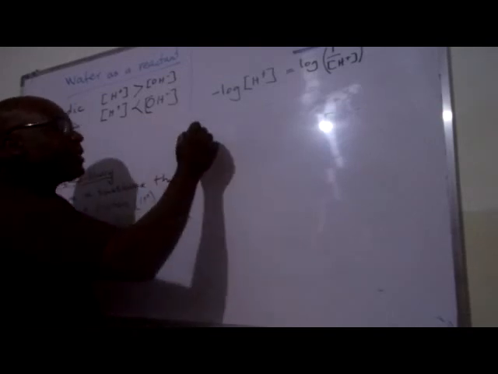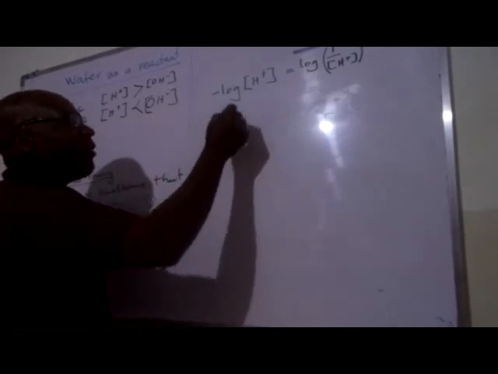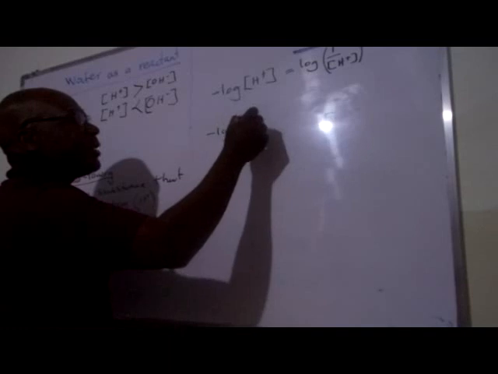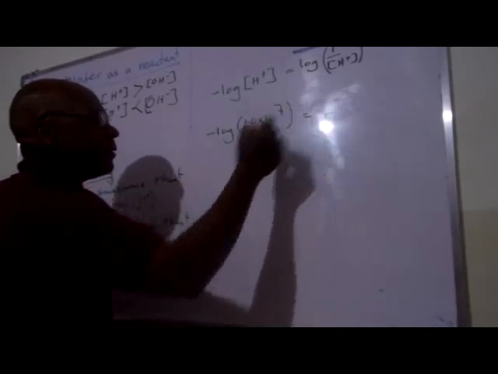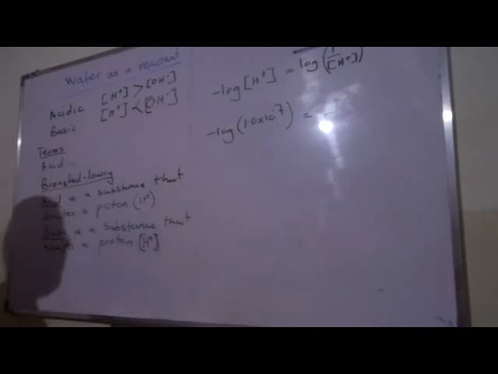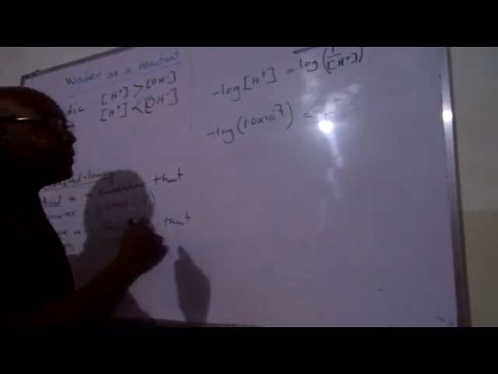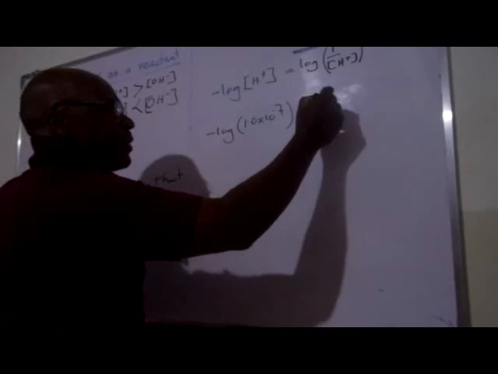So if we say minus log of 1.0 times 10 to the power minus 7, try to calculate that. If you do the calculation, this will give you 7.